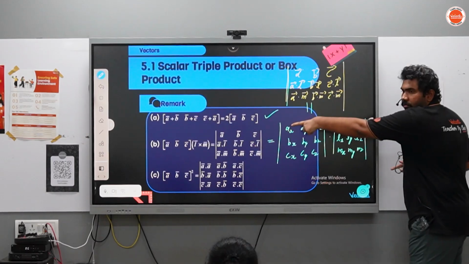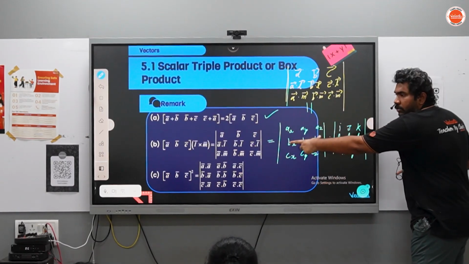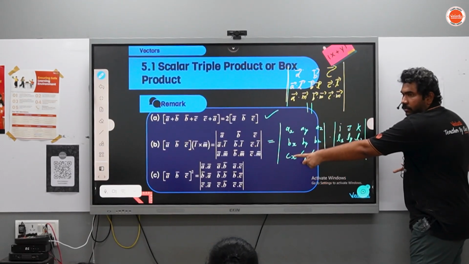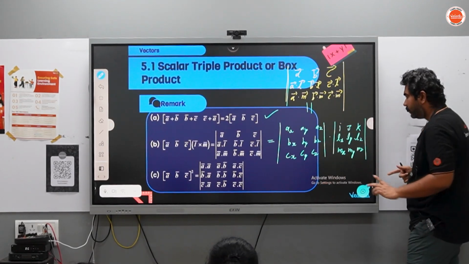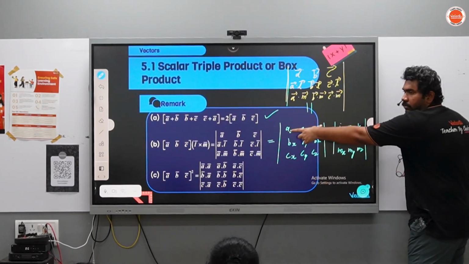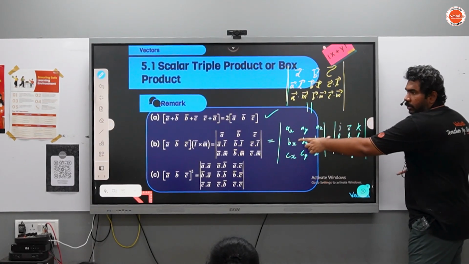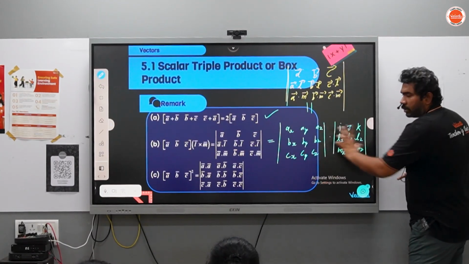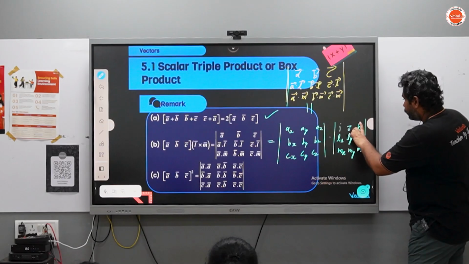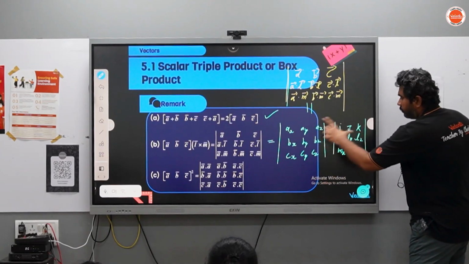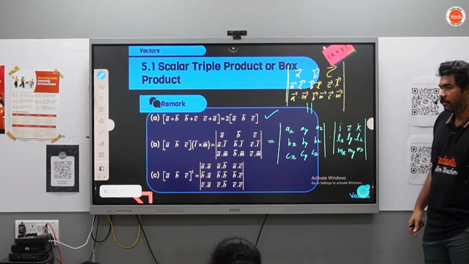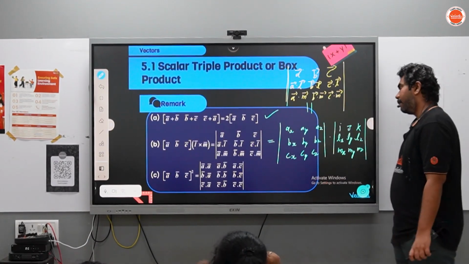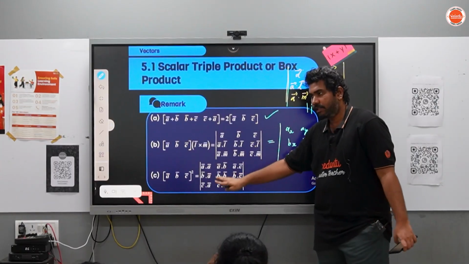So i, j, k dot the A vector, i, j, k dot the B vector, i, j, k dot the C vector, and then in the next rows, A dot L, B dot L, C dot L, and here also A dot M, B dot M, C dot M. Like that, after taking the transpose I am saying. And similarly the same concept applies here.